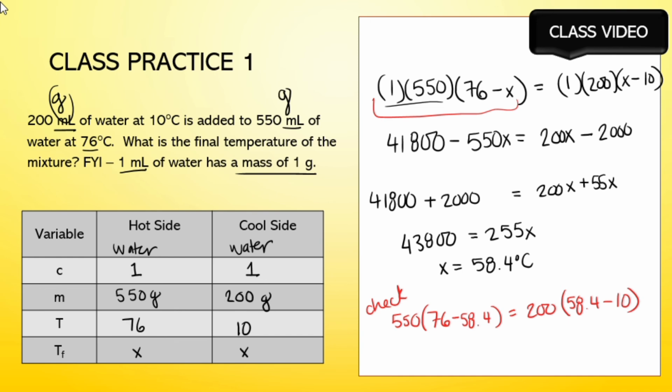So just going on, is 550 multiplied by, what is it going to be, 17.6 the same as 200 multiplied by 48.4? So just respect your order of operations. You're going to do that last multiplication and you get 9,680 on the left side, and you'll get the same number on the right side. If they're the same number, that means you did your math right, and 58.4 degrees Celsius is the correct answer.